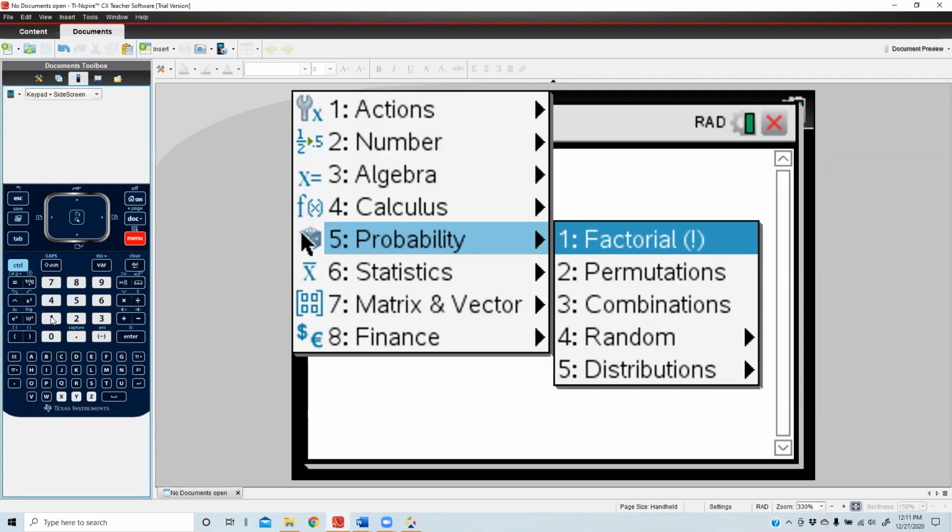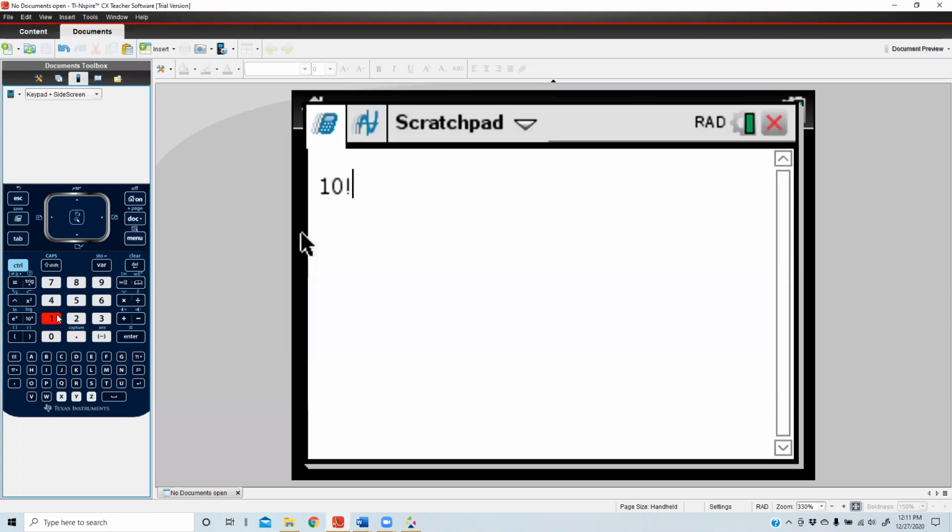So menu, probability, factorial. If it's the normal calculators, it would be menu 5-1. Again, that could change if you get an update. So that gives you the exclamation point. Hit enter. There's our answer.